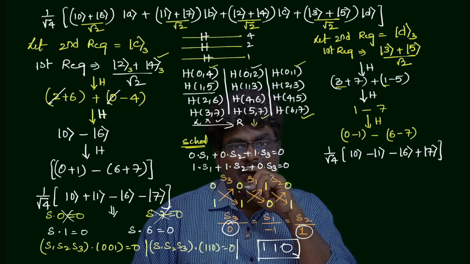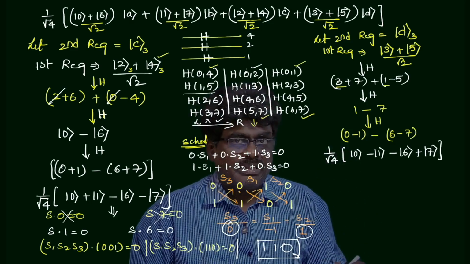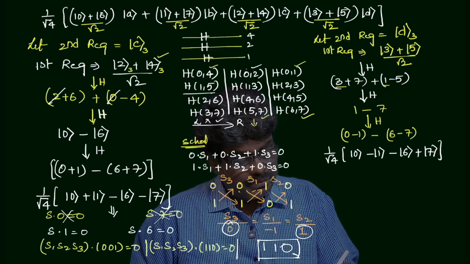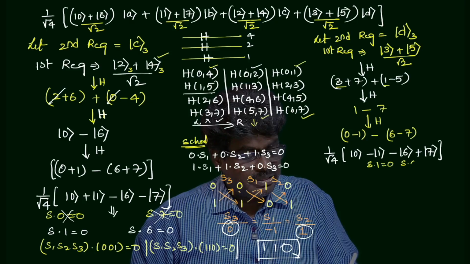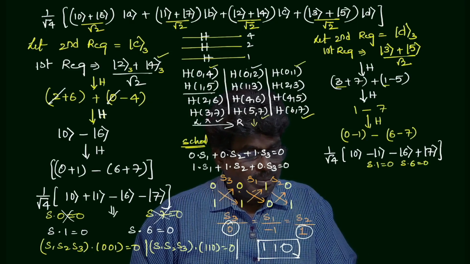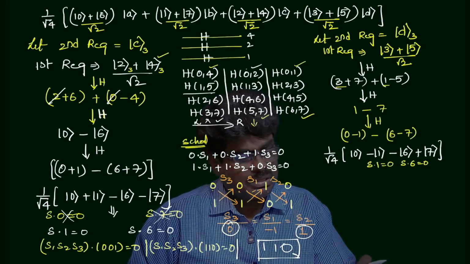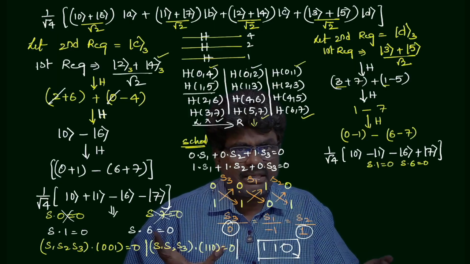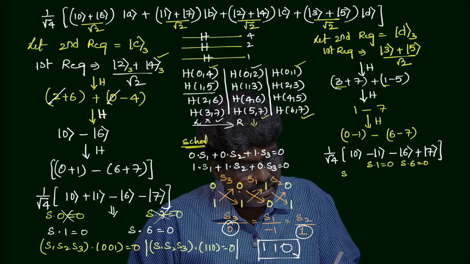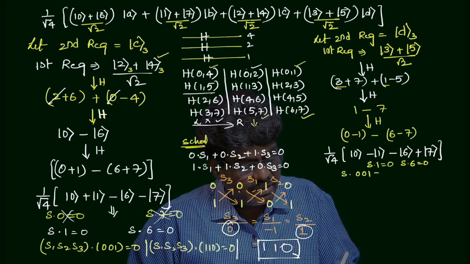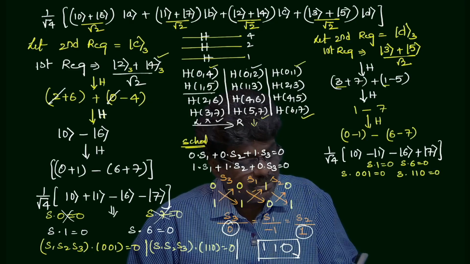Okay, so here let me take that matrix operation. Okay, so here we have s dot 1 equal to 0 and this is s dot 6 equal to 0. Because the three variables are there, if you want to solve by using matrix we need another one also, just I am taking in case. Okay, so here we can write it as s dot 001 equal to 0, s dot 110 equal to 0.